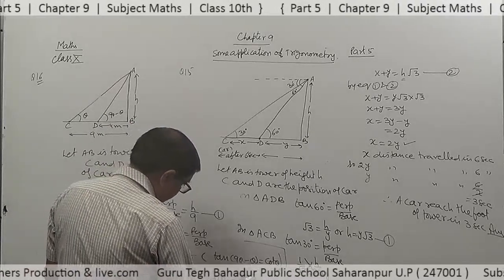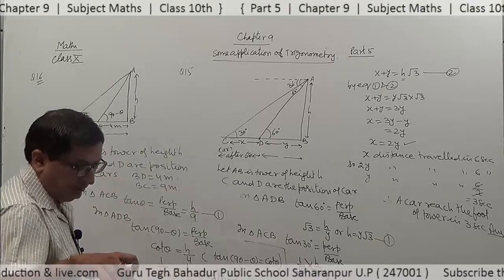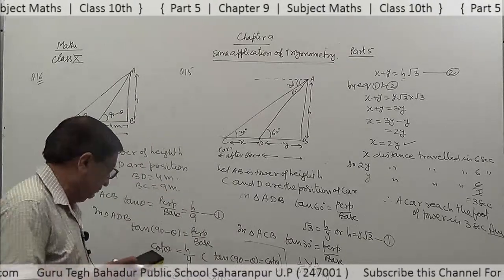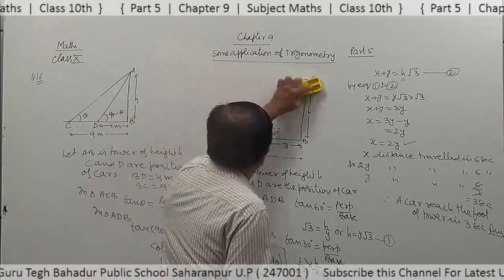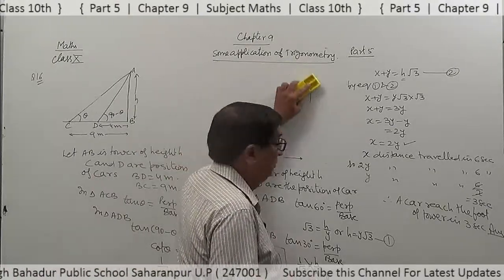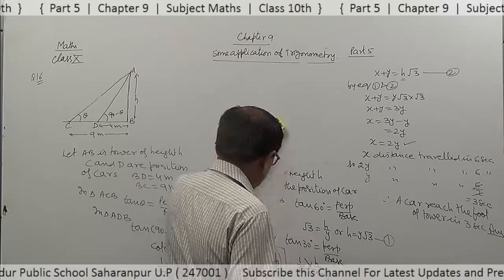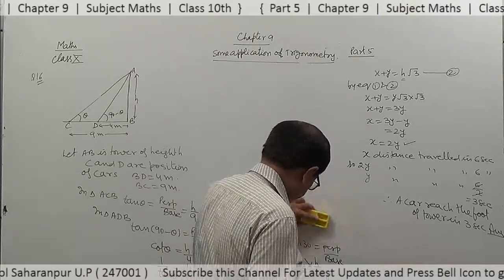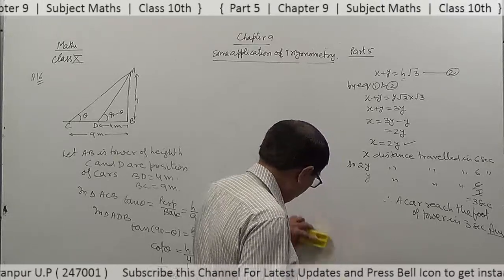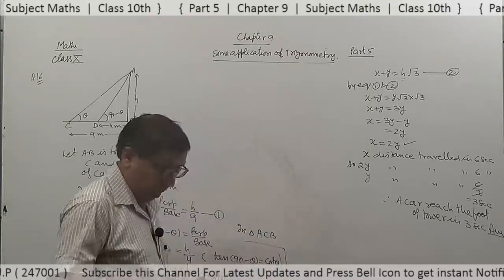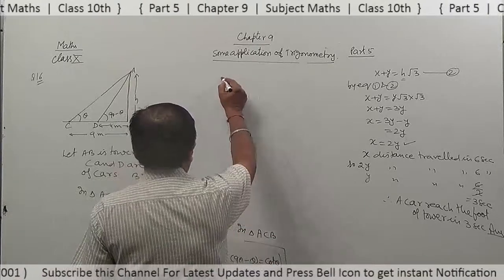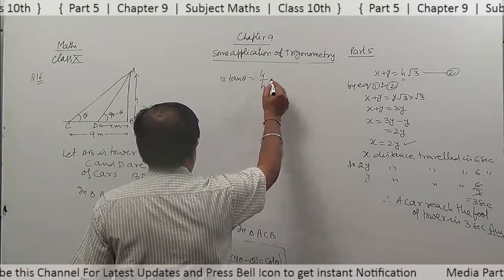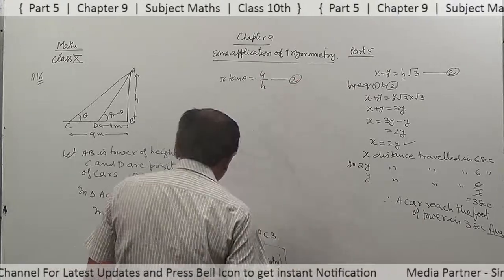So 1 upon tan theta is equal to h upon 4, or tan theta is equal to 4 upon h. This is the second equation.